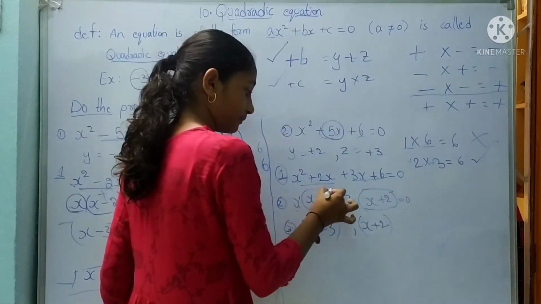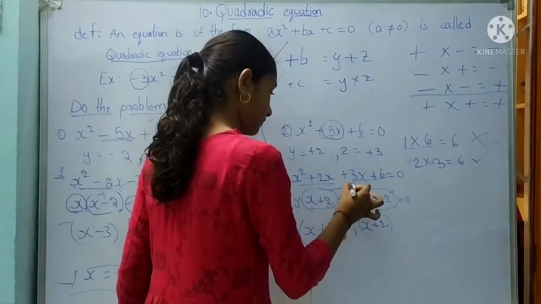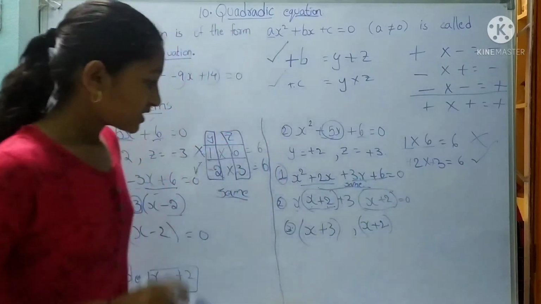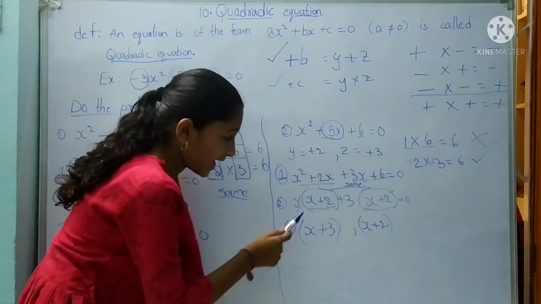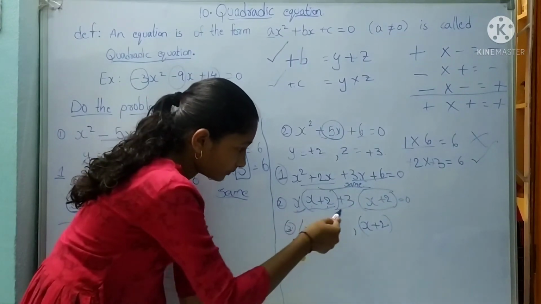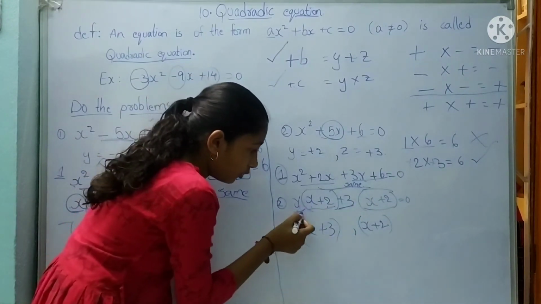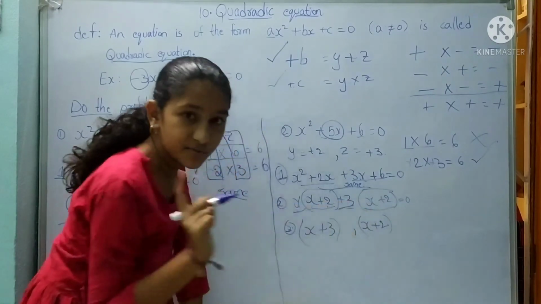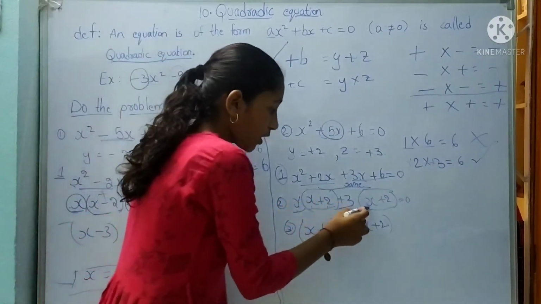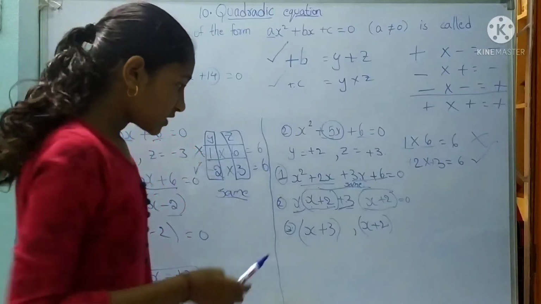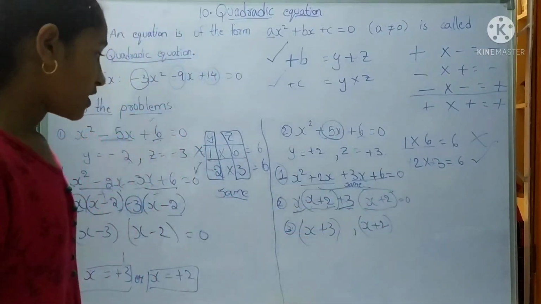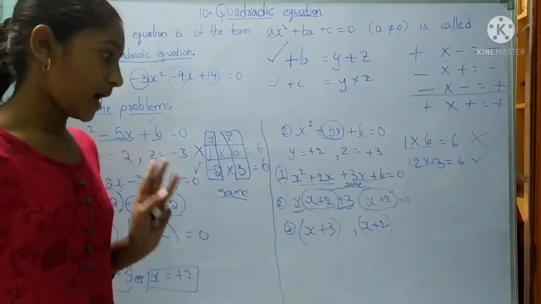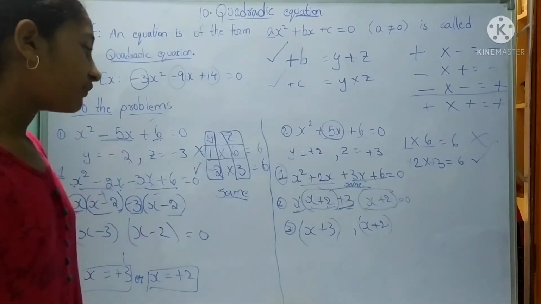These are the same. Okay. So here I am taking this x plus 2 and x plus 3. These two are one pair and this one is one pair. So x plus 3 and x plus 2. Okay. So here we have 3 steps and then we can go to the final output.